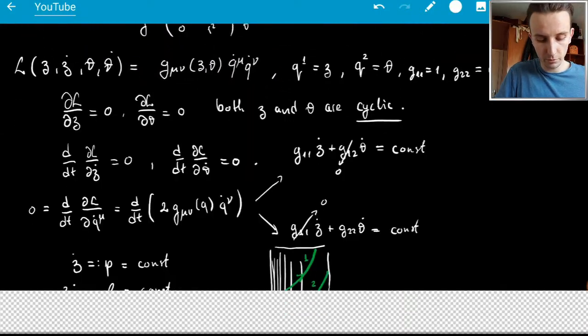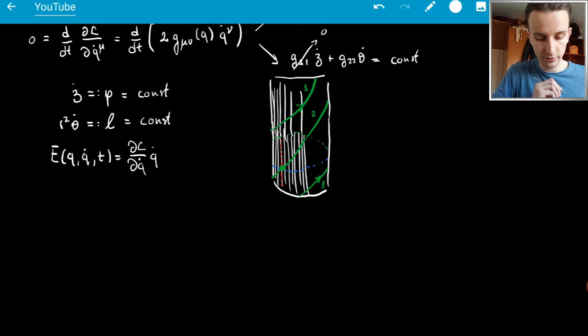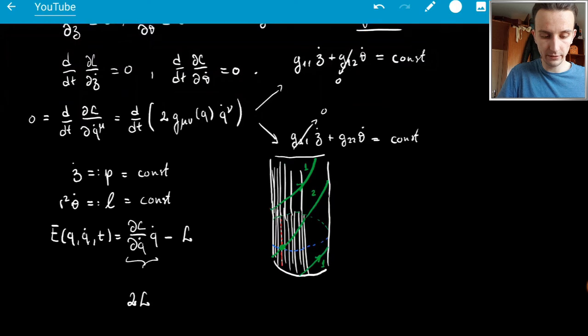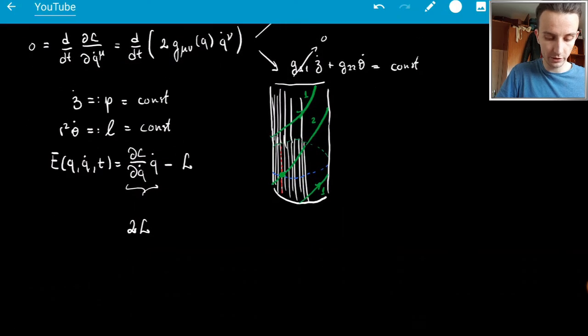But the proper formula is, I believe, partial Lagrangian with respect to q dot times q dot minus the Lagrangian. Now, of course, this is just 2 times the Lagrangian, the whole thing together, right? We already calculated that. So I'm not pulling a fast one over you, see? So it's just 2 times the Lagrangian, so it's equal to the Lagrangian.